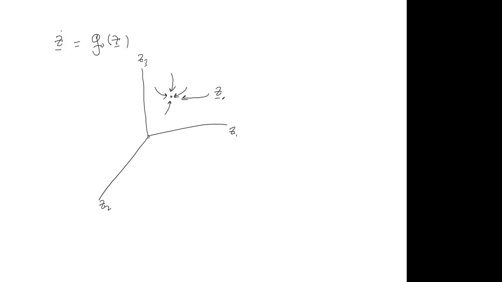And now if we add in plus epsilon G1 of Z, the fixed point just shifts. So there is a new fixed point a distance epsilon away.